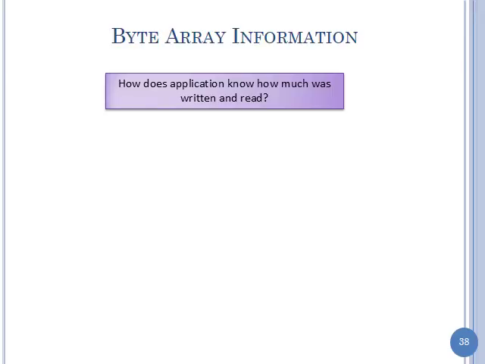Because if we say write buffer, and the system can only write 5 bytes, the system could do the following. It could say, okay, I could write only 5 bytes right now, but I'll write the rest later. You don't have to issue a write again. That's one semantics. What's the danger with that?